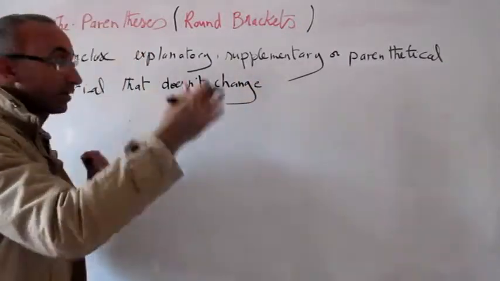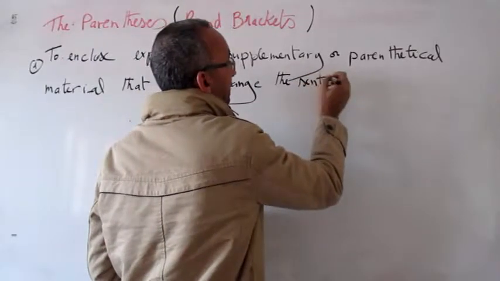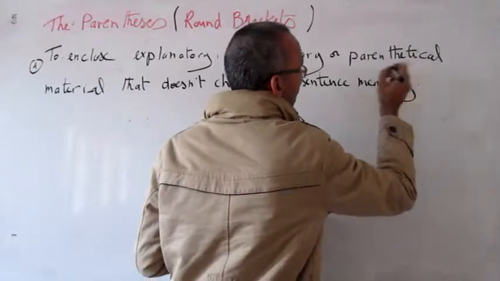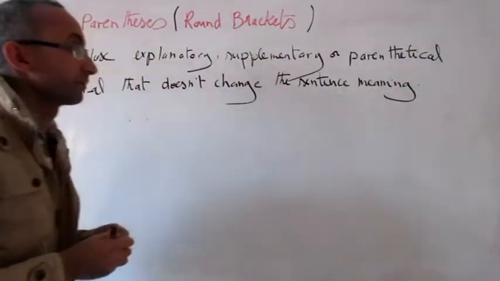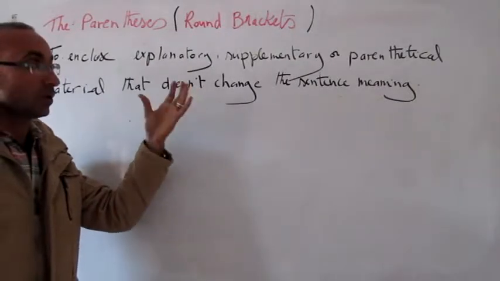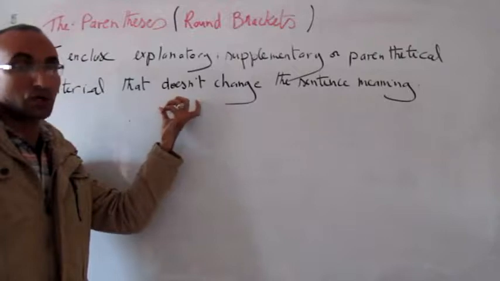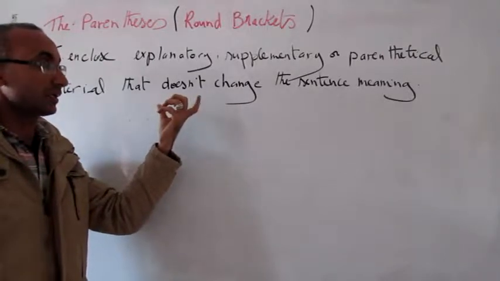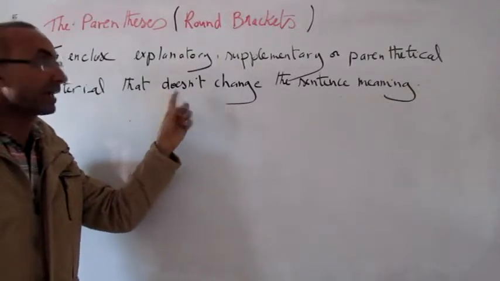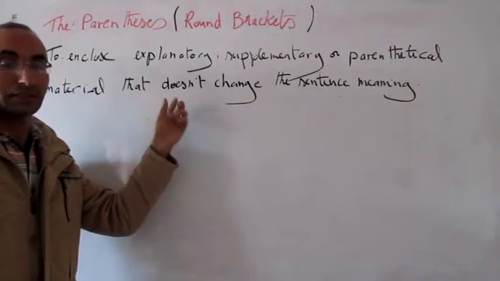It's also something extra. Now, only as a remark, this extra or explanatory material which we insert in the sentence for the sake of clarifying certain elements is written by the same writer of that sentence. Clear? Alright, by the same writer of that sentence.